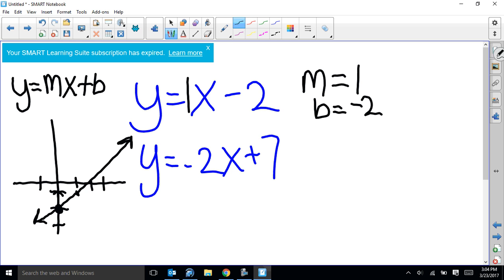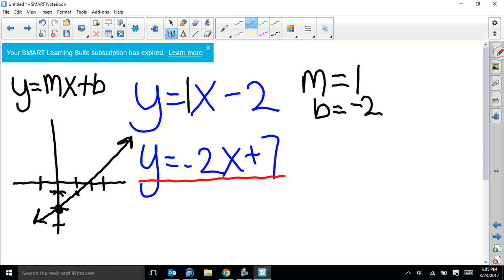All right, so now we need to graph this line. How do we graph y equals x plus 7? So first, what's the first thing we need to identify? All right, so what's this called?